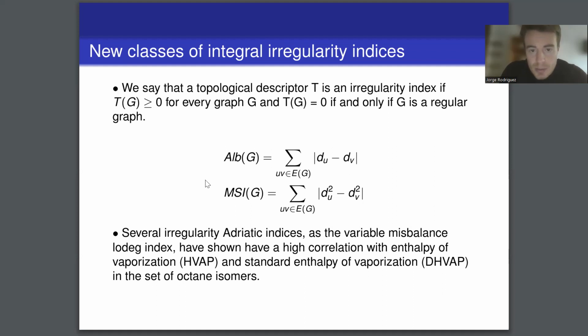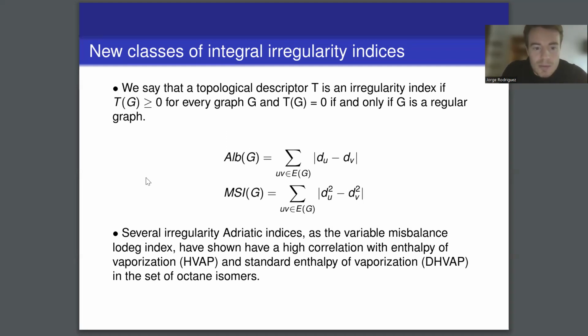These two indices take value 0 if and only if the degrees of all the vertices are the same, right? So an irregularity index at the end is just a measure of how irregular the graph is.